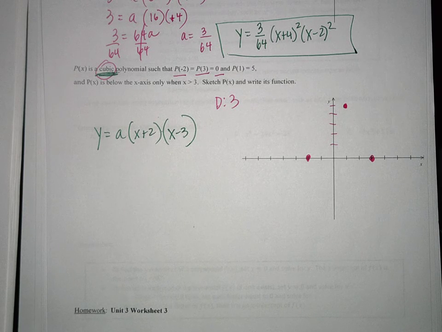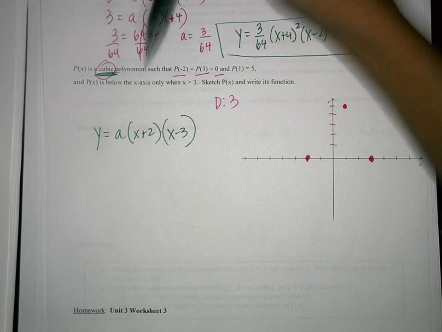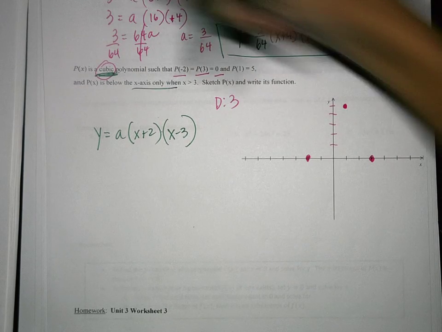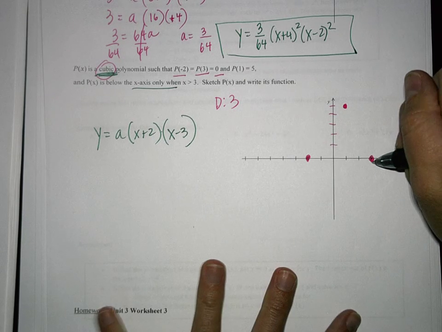And in my notes here, it says, oh, listen here. It says, and P of x is below the x-axis only when x is greater than 3. So where is x greater than 3? Right here, it's greater than 3, right?